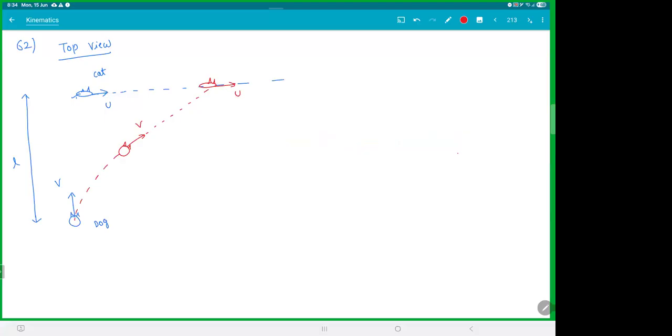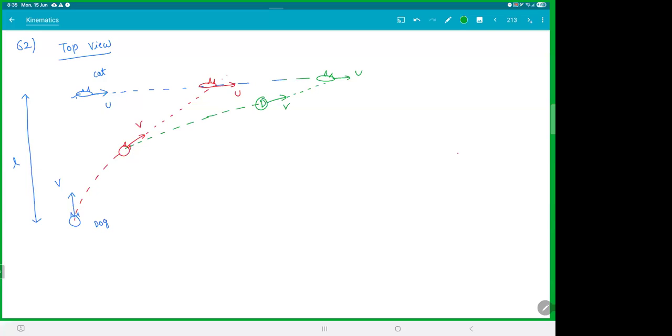The cat doesn't care about the dog. It is just going in a straight line. And if you wait for some more time, the cat would come somewhere here, still going with speed u. Now maybe the dog is somewhere here. I'll just call it D. It's going towards this. And this is what is happening, right?